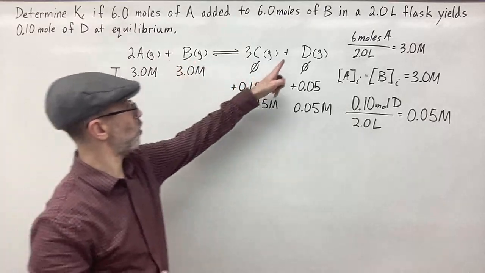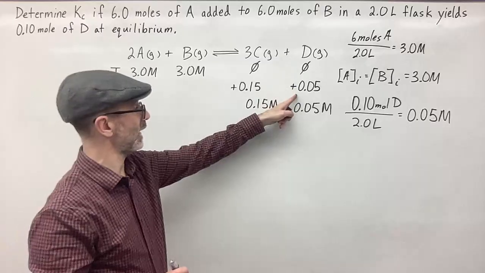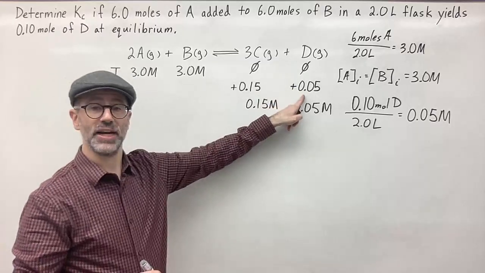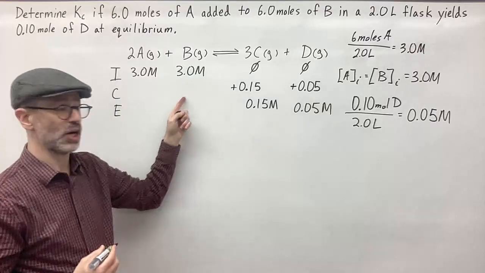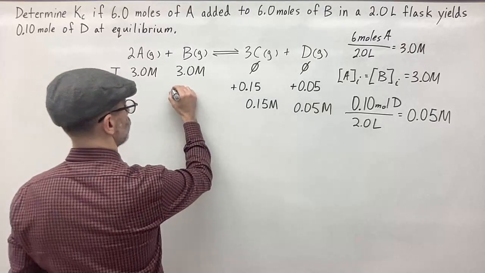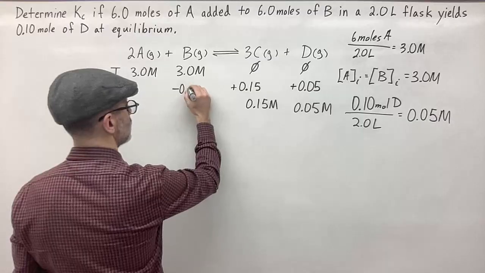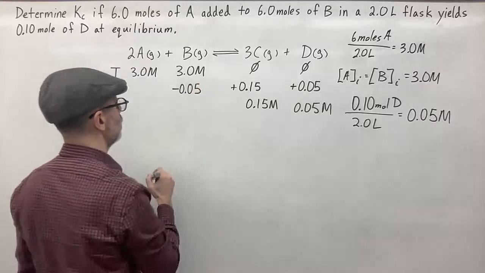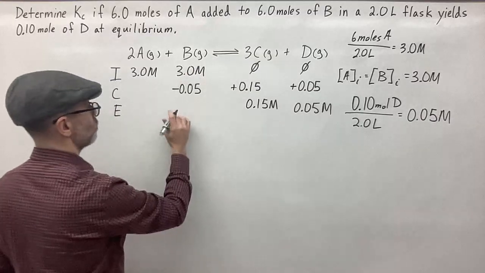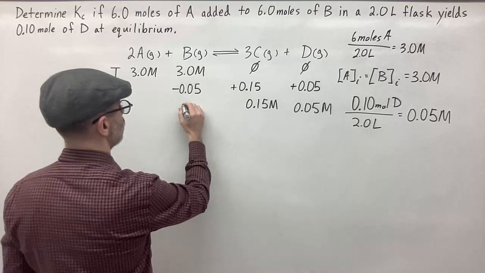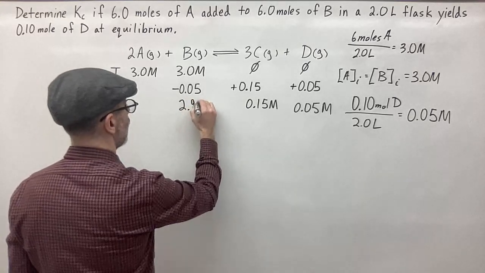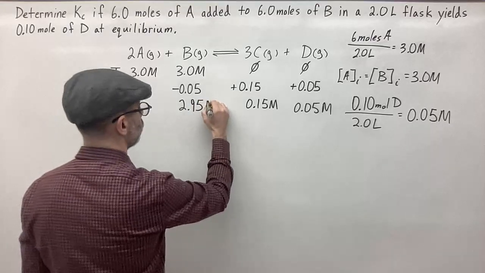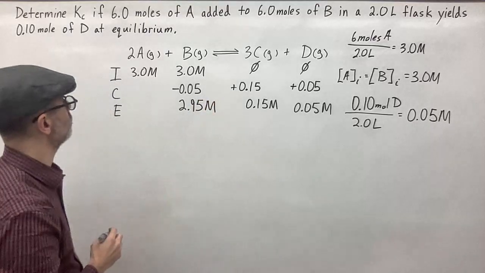Here this is a 1-to-1, so if I gained 0.05 here as a product, then I'm going to lose 0.05 here as a reactant. If I lose 0.05, then this is going to become 2.95 molar at equilibrium.